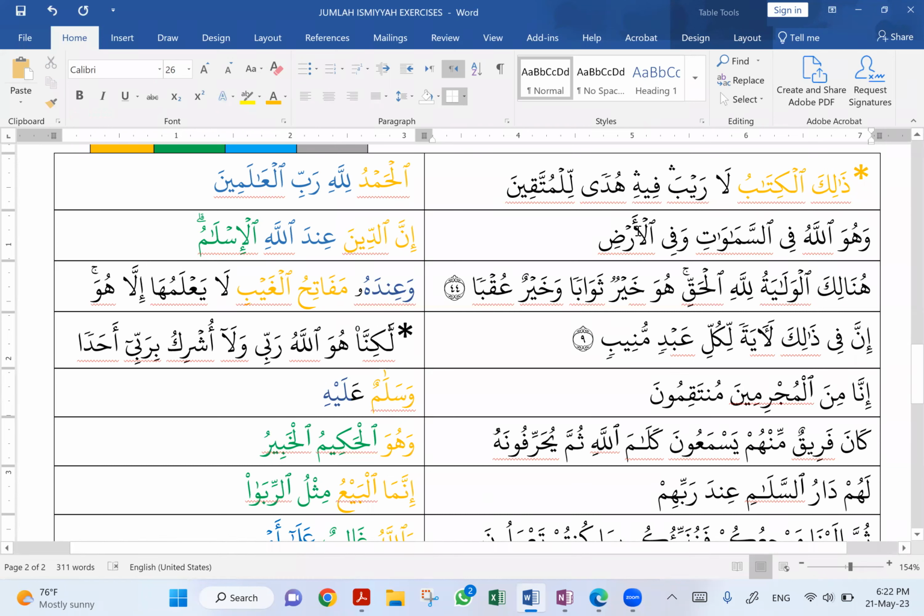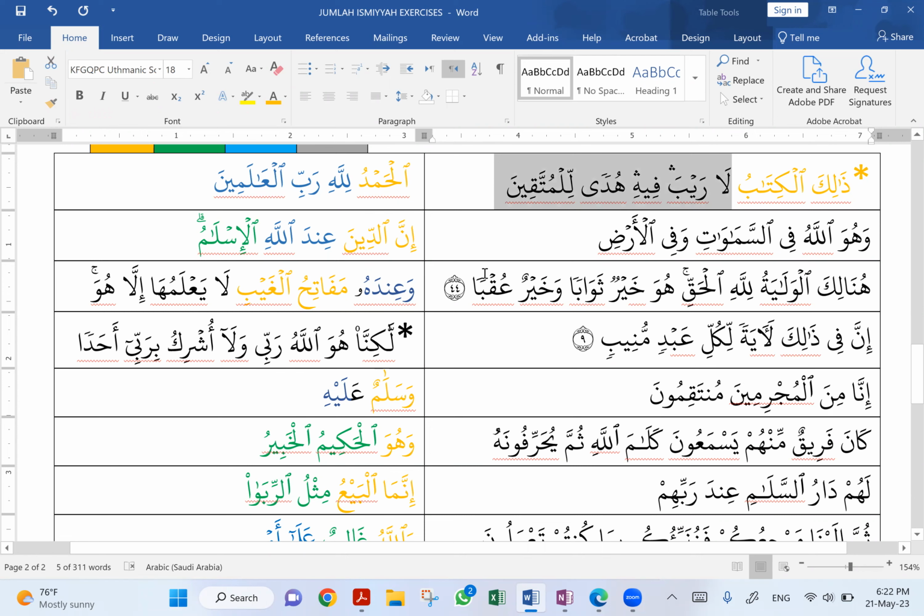Hello, yeah, I can try. I think we can do it like this: Zalik al-Kitabu is Mubtada, and the rest we can put in big brackets as Jumlah Ismiyyah, and then break it again.